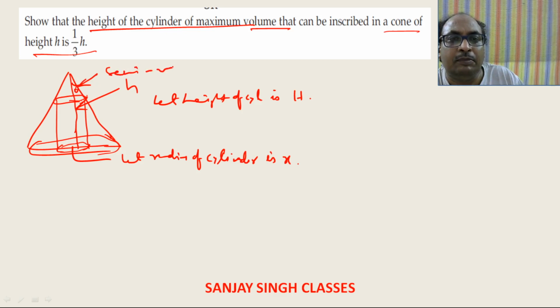It is called the semi vertical angle, and the vertices are A, B, C. Suppose here it is D and here it is E.